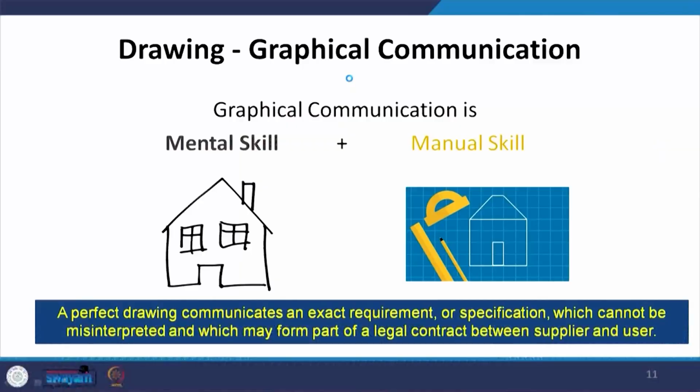So they have all the details, the dimensions, the measurements, the different types of materials which are going to be used. It has the utmost detail which will be required to build it tomorrow. So when we are talking about this graphical communication, we are basically looking at both the mental skill, where you have to perceive things, visualize, imagine what is going to happen, and then the manual skill to translate all that imagination onto the paper.